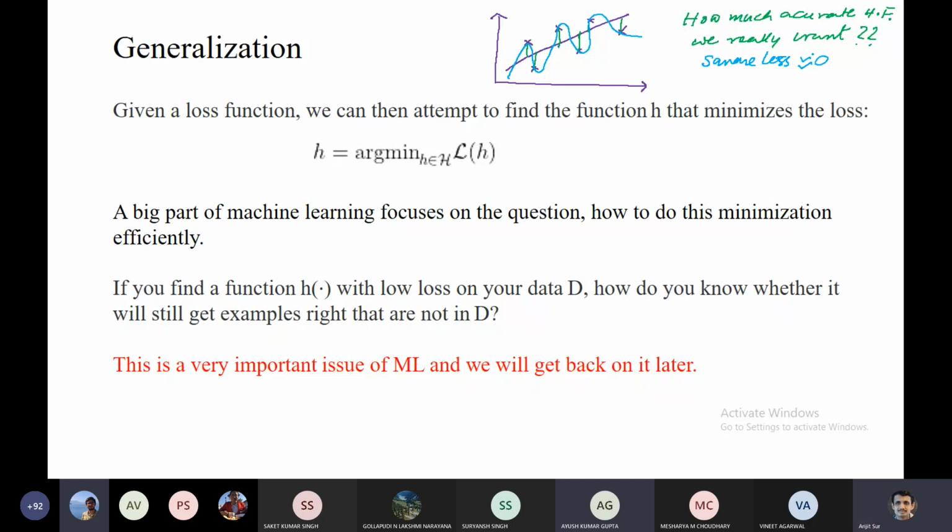If you're not understanding, please ask. If the squared loss is like this, that is very good. Correct or not? It is correct.